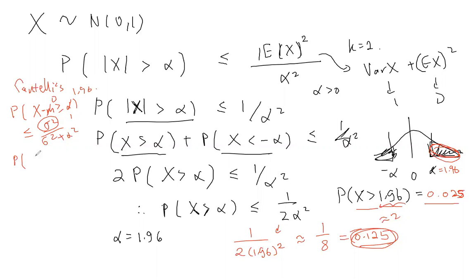So you basically have x greater than or equal to 1.96 bounded by 1/(1 plus 1.96 squared). This is about 1/5. So not so good, yeah.